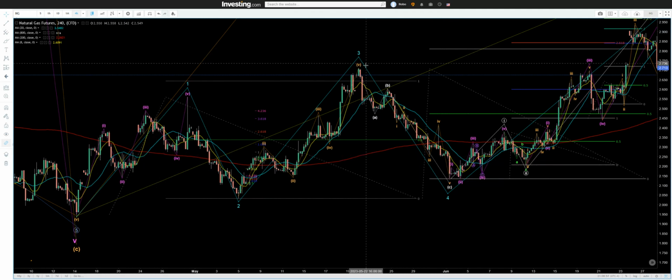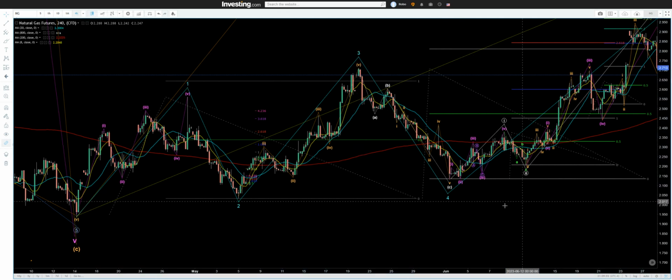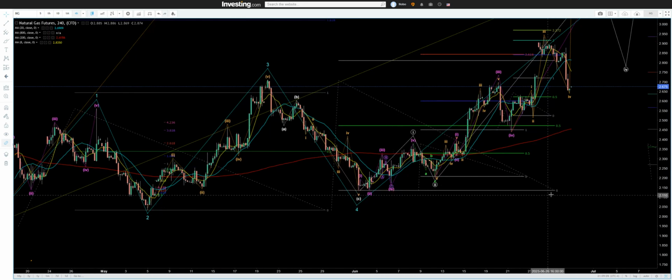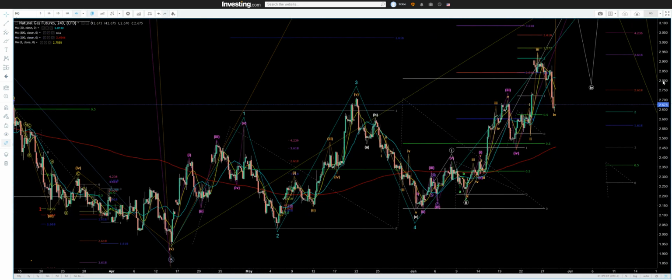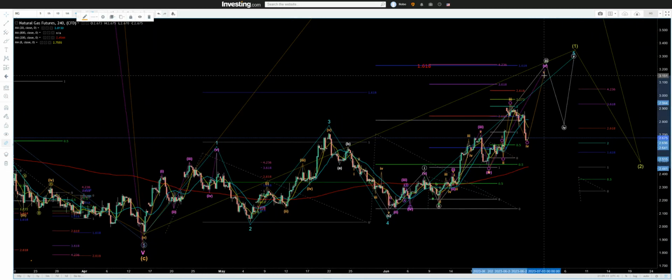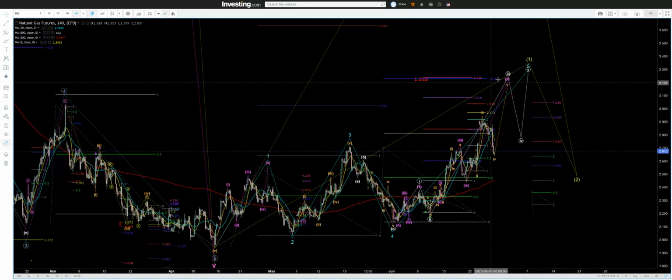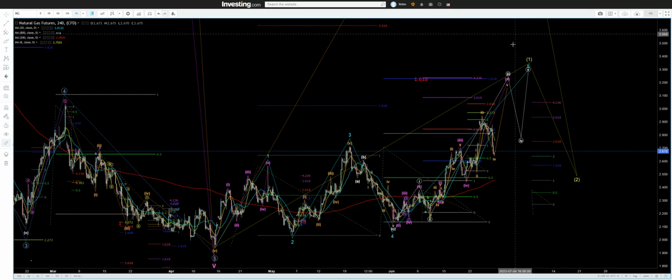I'm looking at this blue primary wave. I'm still expecting, it's not complete, but I'm expecting wave 5 to be an elongated, longer version of these other two, something up in here, and it's in progress.